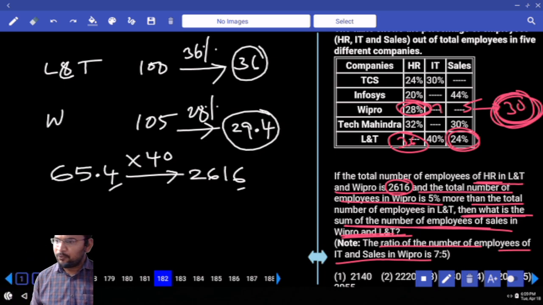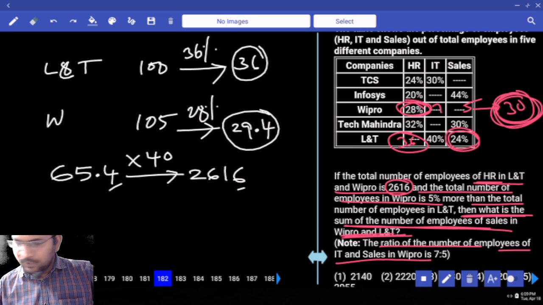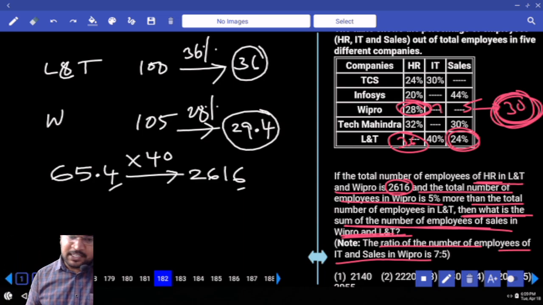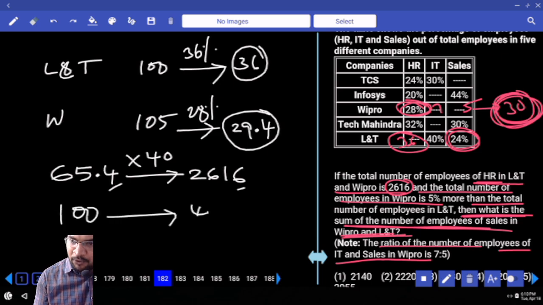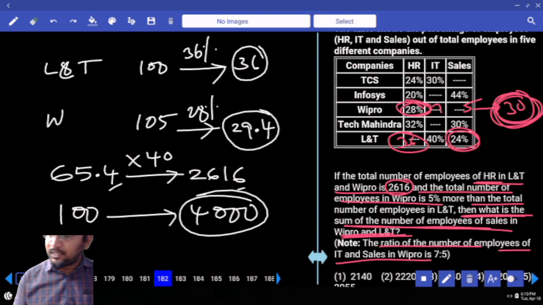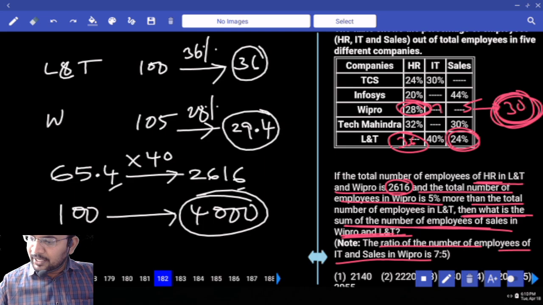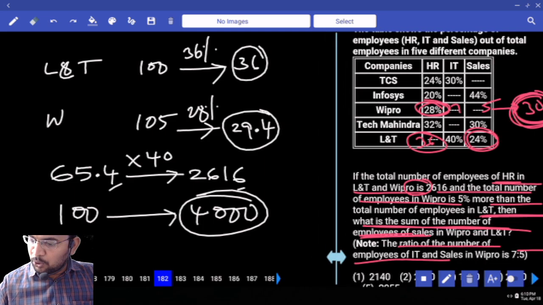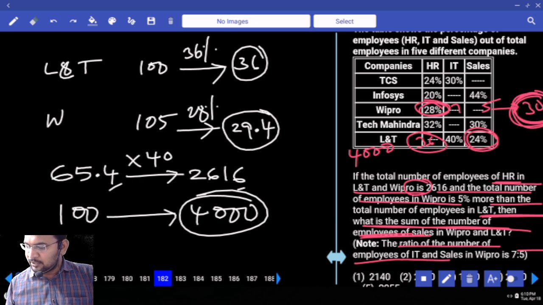Now look here, we need the sales department. Each part is 40, so 100 parts is 4,000. L&T total is 4,000. Therefore sales is 24% of 4,000, which is 960.